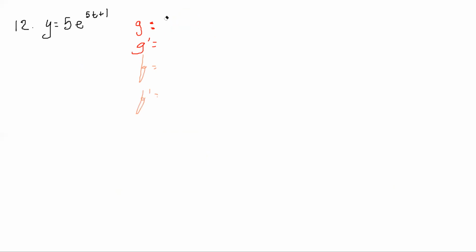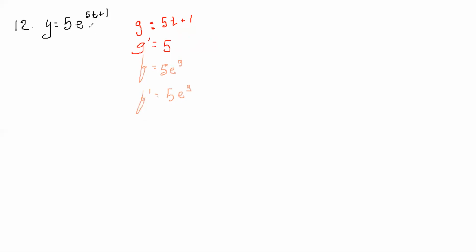What I would do is I would say g is equal to 5t plus 1, and f is equal to 5e to the g. Because this way I can say that f prime is 5e to the g, and g prime is equal to 5. Does that make sense why I did that?